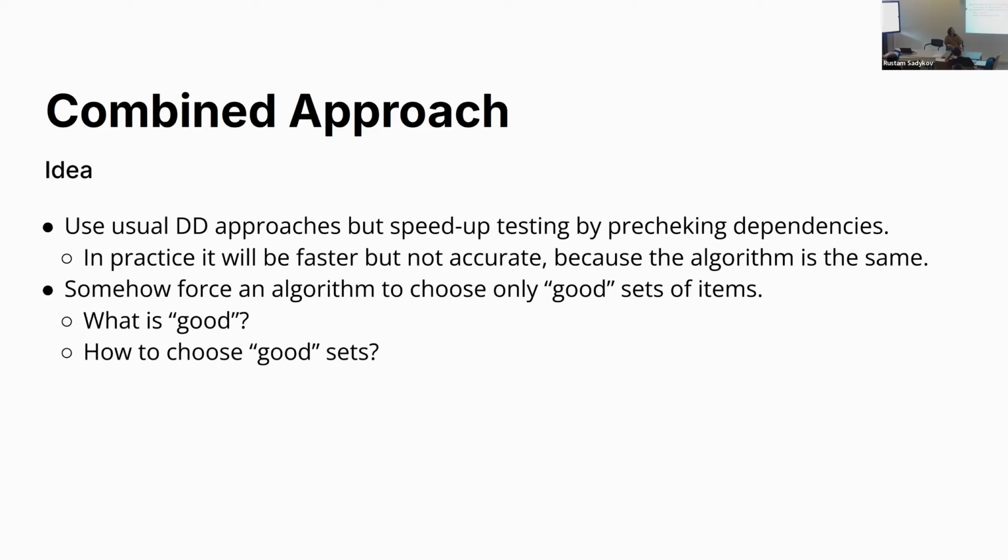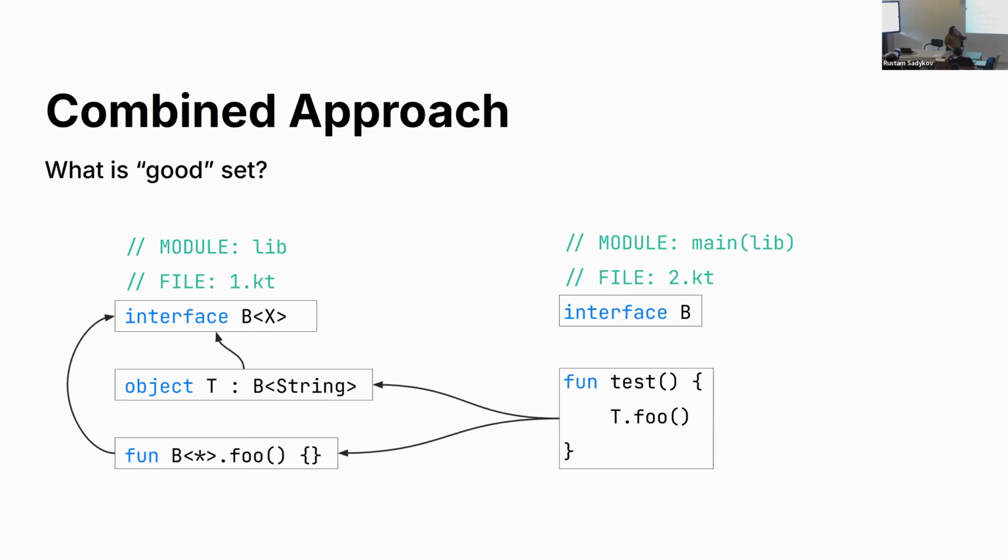So there is a second way: forcing the algorithm to choose only good subsets of items to check whether the program has the same issue or not. But what are the good ones and how to choose the good sets? Let's look at the previous example. What is a good set of items?